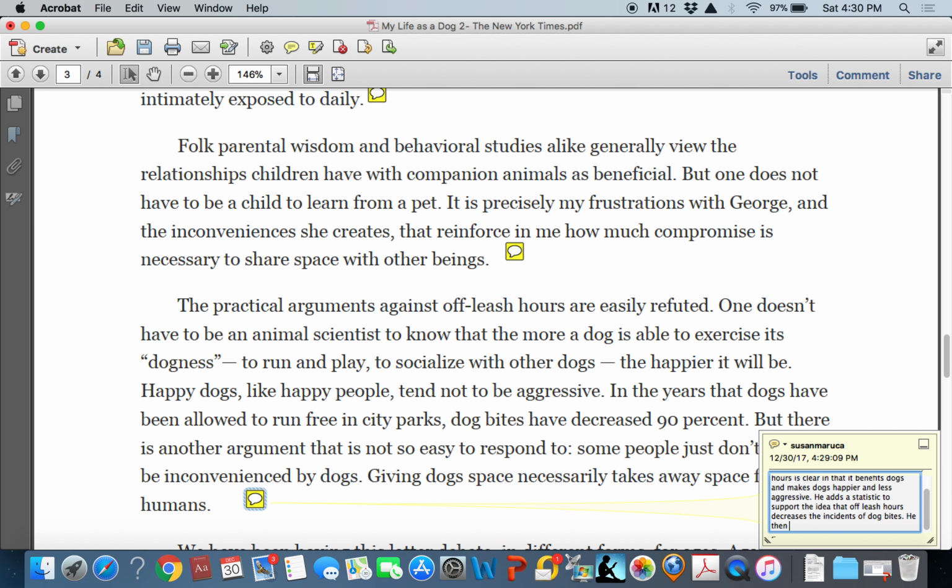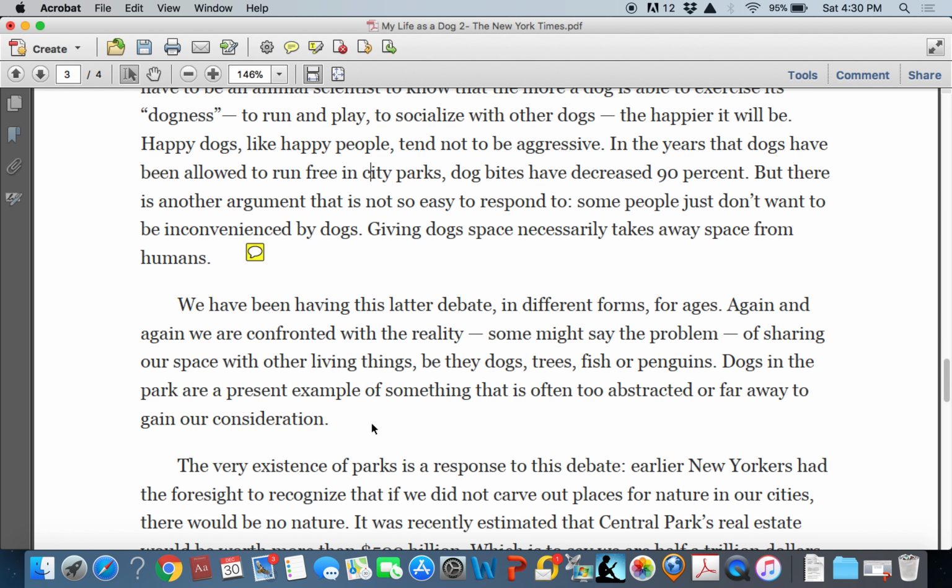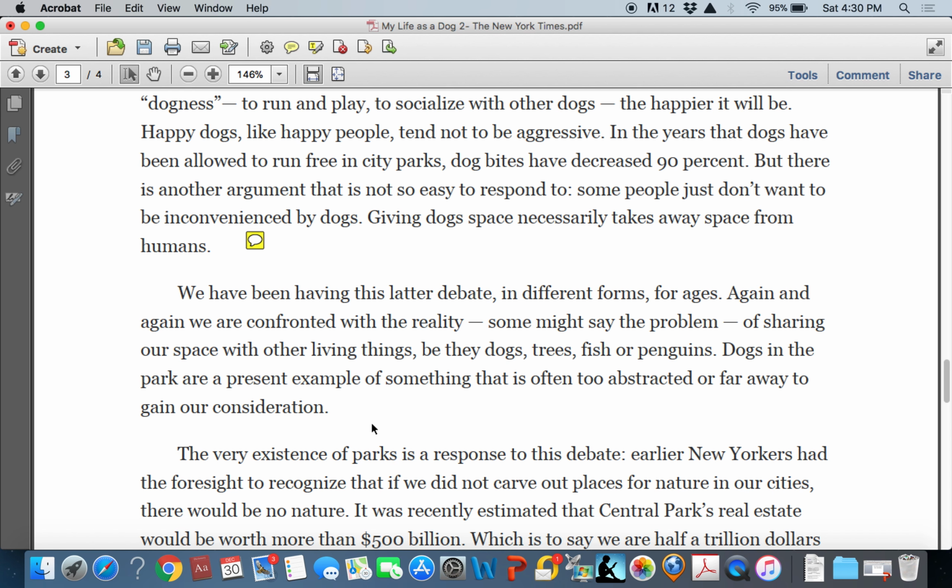He then raises another concern, that people just don't want to share space with dogs. Okay.